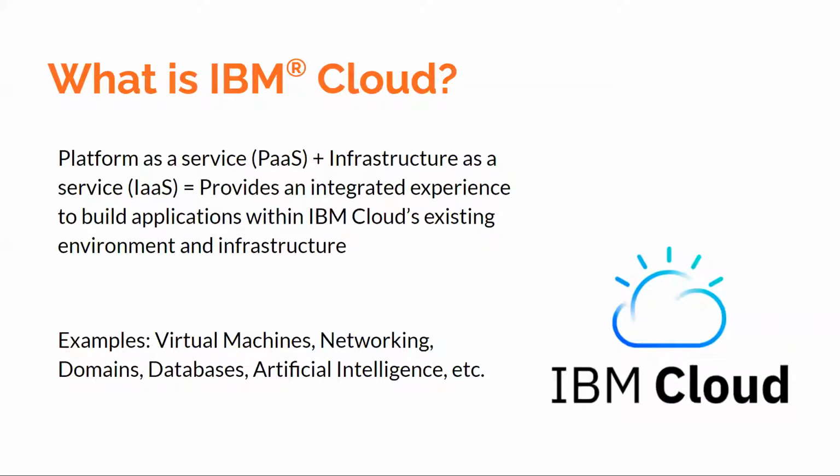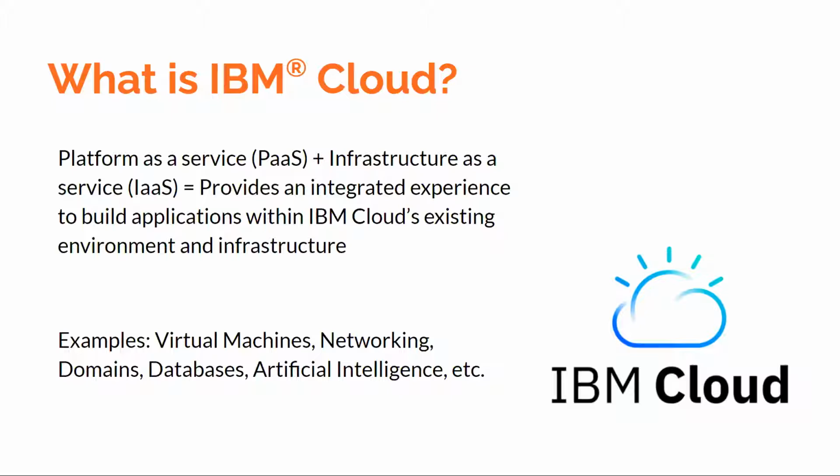So what is IBM Cloud? IBM Cloud is a platform as a service plus infrastructure as a service. It provides an integrated experience to build applications within the cloud, existing environment, and infrastructure. So whether you want to have virtual servers and manage your own networking and everything, you can use IBM Cloud as an infrastructure and build your own application on top of it.